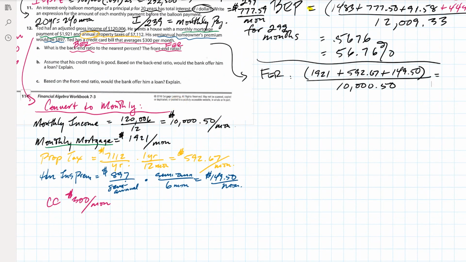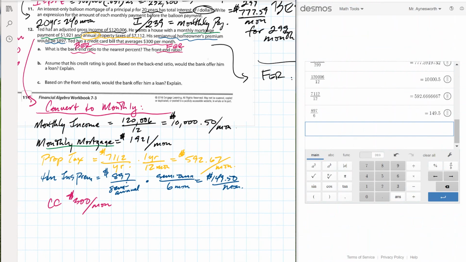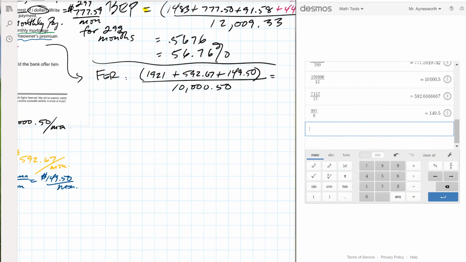Sorry about that, guys. So let's calculate this, and let's kick in the calculator here. Let's add these numbers up. Just be careful to type them in correctly, because you've seen me make mistakes here and there by hitting the wrong button.